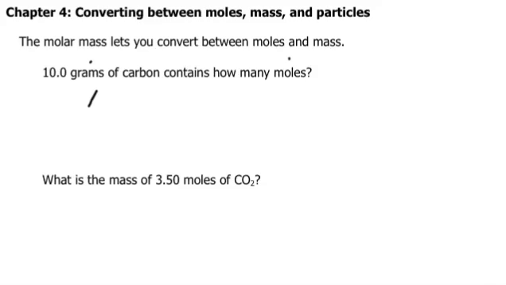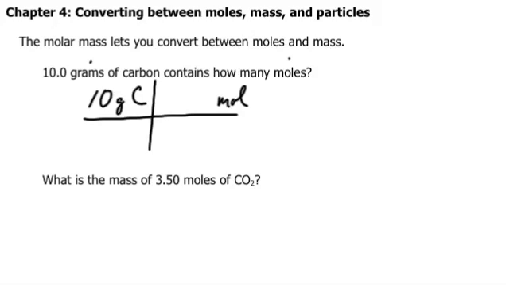So we have 10 grams of carbon, and we'll set up a fence post. We have grams of carbon, and we want to get to moles of carbon. Just like with regular fence posting, the units go down and to the right, so that's grams. Now here's where you have your molar mass. Molar mass is grams per mole.